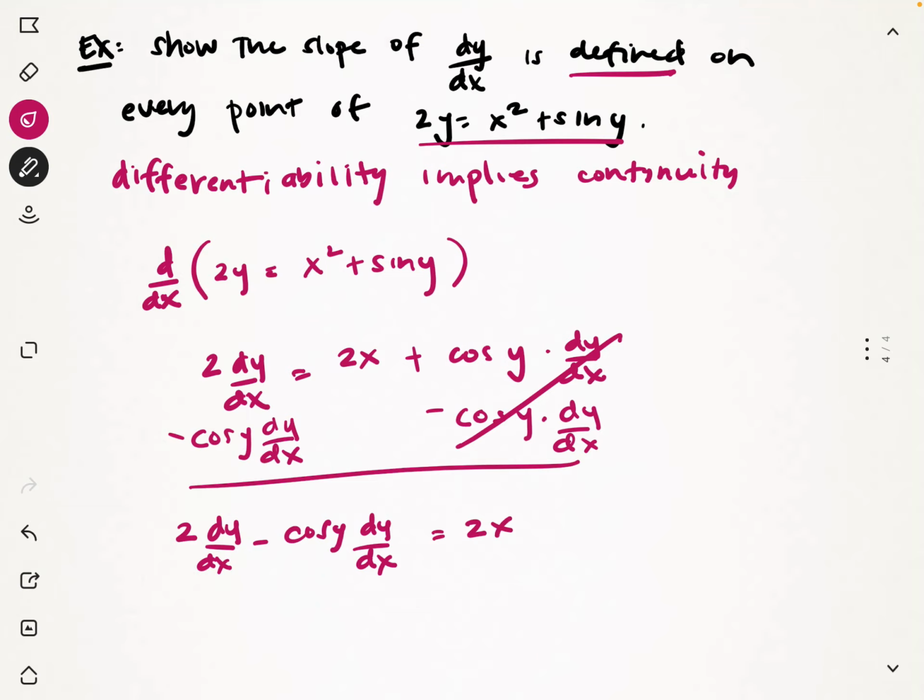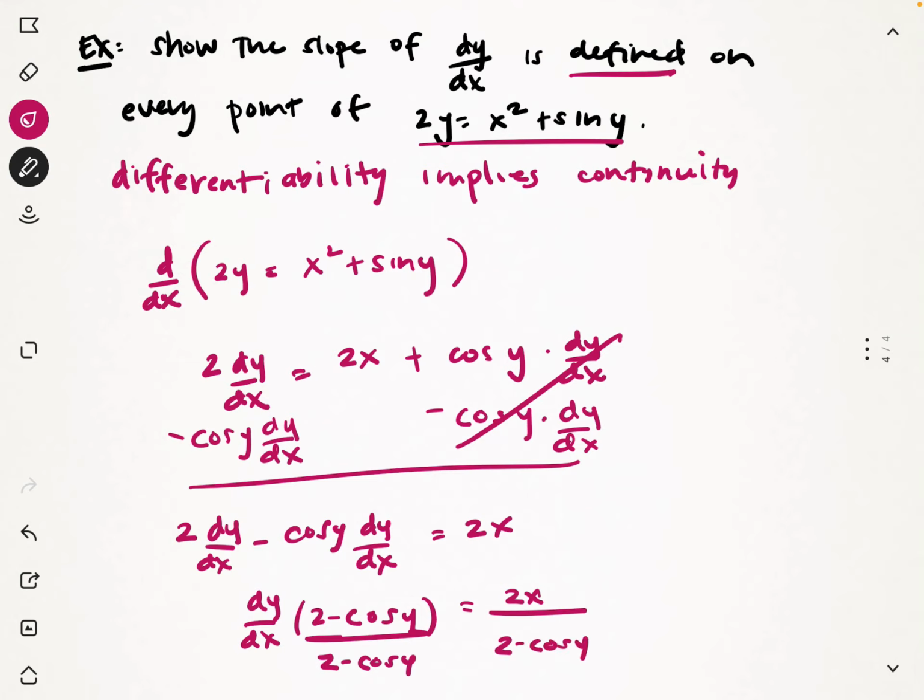Now, because this one has 2 dy/dx's, we want to move them to the same side. We're going to factor that out now. And then we're just going to divide by our 2 minus cosine y. That's gone, that's gone. So the derivative of y with respect to x is this thing.